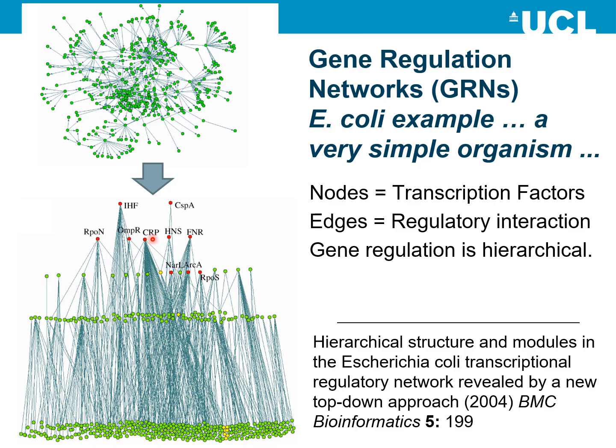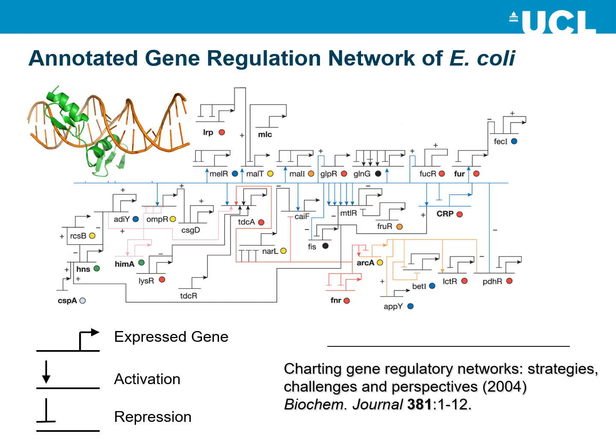The reality is this looks complex, but there's actually a lot more detail. If we take this network and express it like this, it shows you the detail of those interactions. We've got the CRP gene here. This line represents the DNA, and this is another gene on the DNA, the MTLR gene.